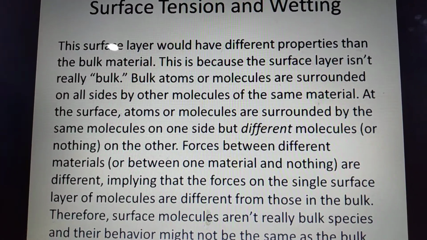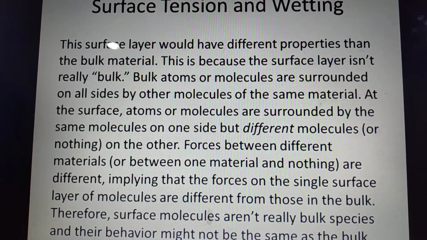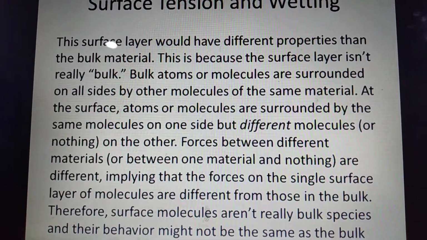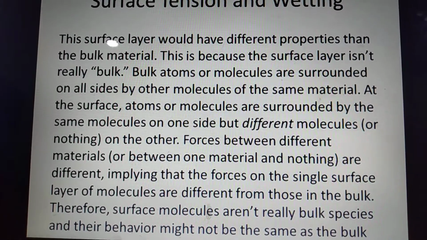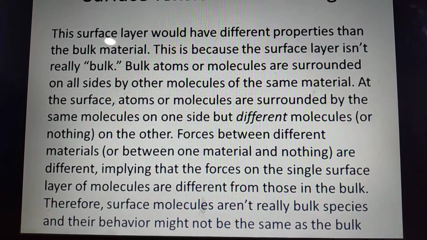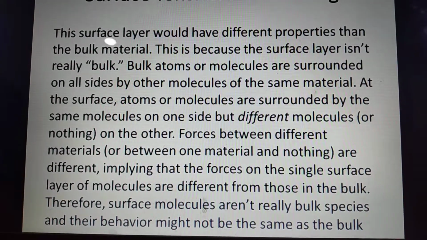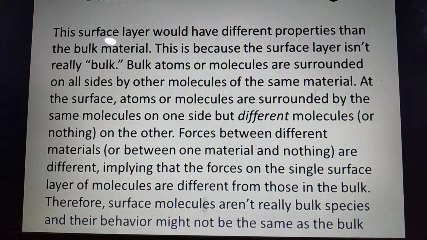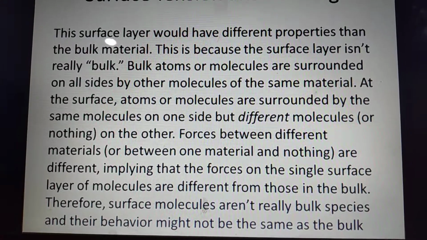This is because the surface layer is not really bulk, and bulk atoms are surrounded on all sides by other molecules of the same material, as I told you earlier. At the surface, molecules are surrounded by the same molecules on the sides, but different molecules on the upper and lower surface.